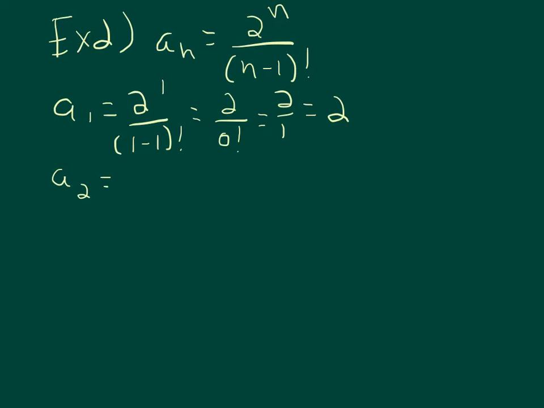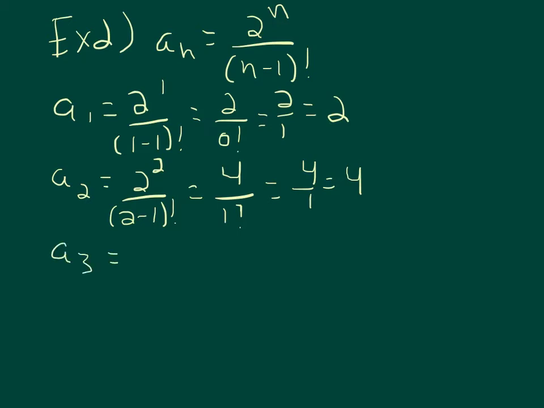A sub 2. Now we're plugging in 2 for n. 2 squared over 2 minus 1 factorial. 2 squared is 4. 2 minus 1 is 1 factorial, and that would be just 1, because we count down to 1, so that's 4 over 1, which is still just 4.